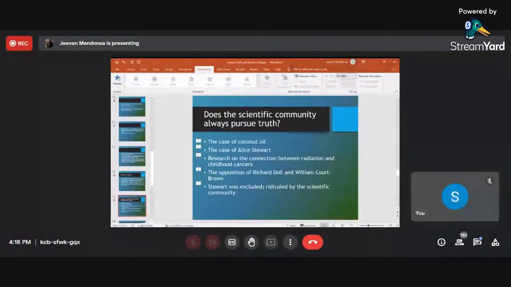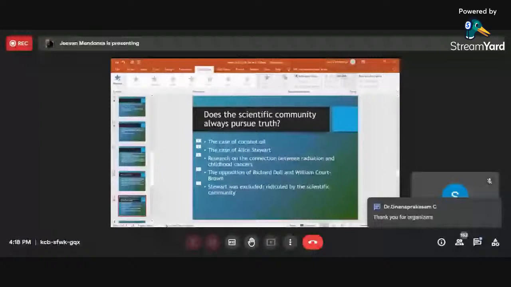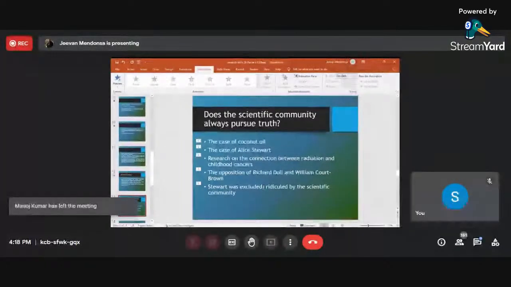So it shows that the scientific community, unfortunately, does not always pursue the truth. And mind you, I'm saying not always, but yes, most of the times, yes. And of course, it is true, but sometimes there are lots of vested interests, and we need to be aware of it. This is a very strong and a sad example of Alice Stewart.